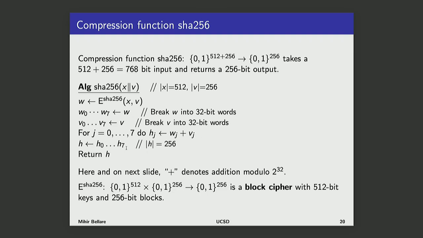You put all that back together and you have your 256-bit output. And that's it. That's how the compression function works. And again, this turns out to be a relatively well-accepted high-level design.